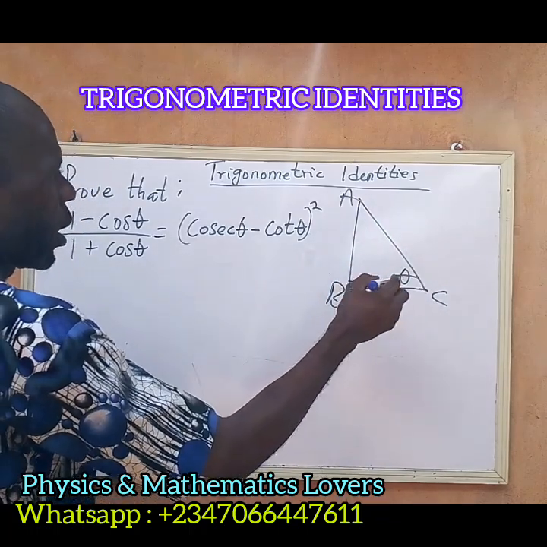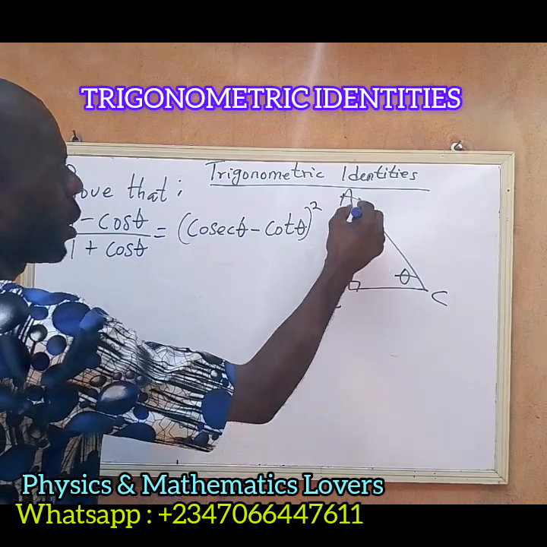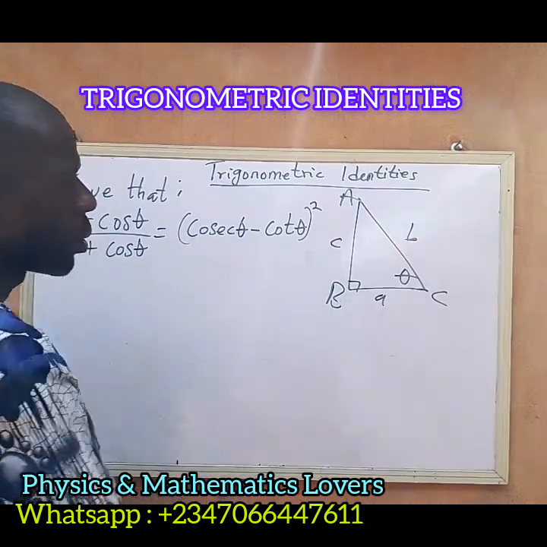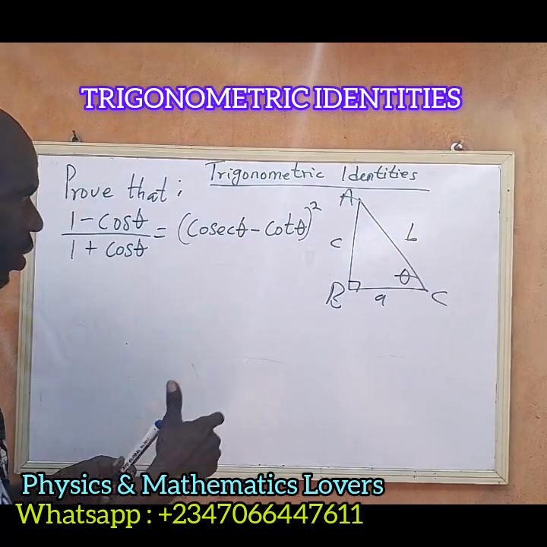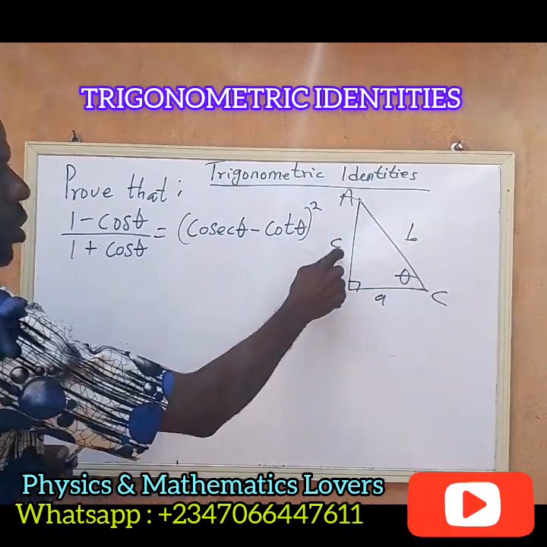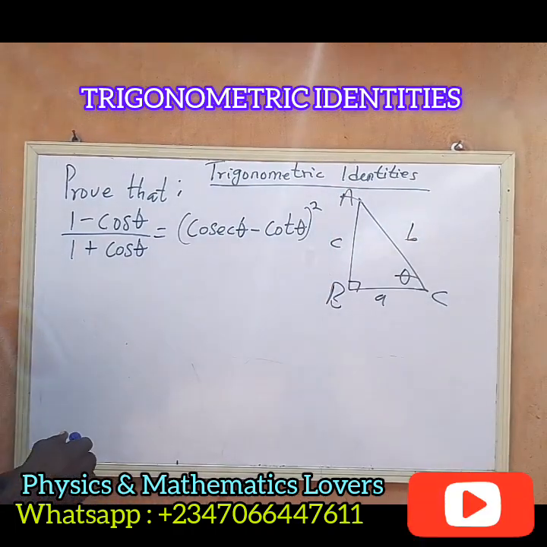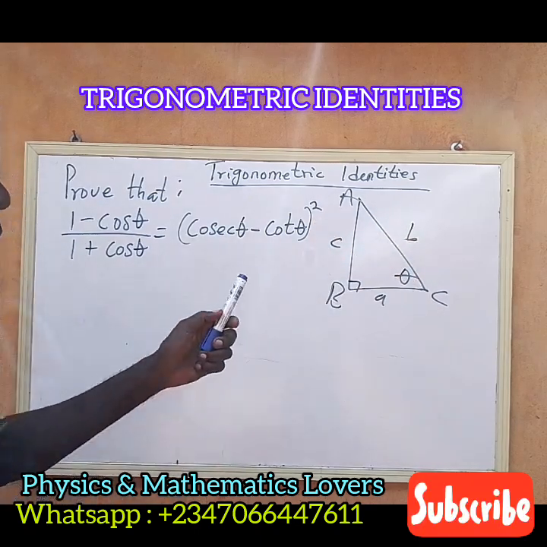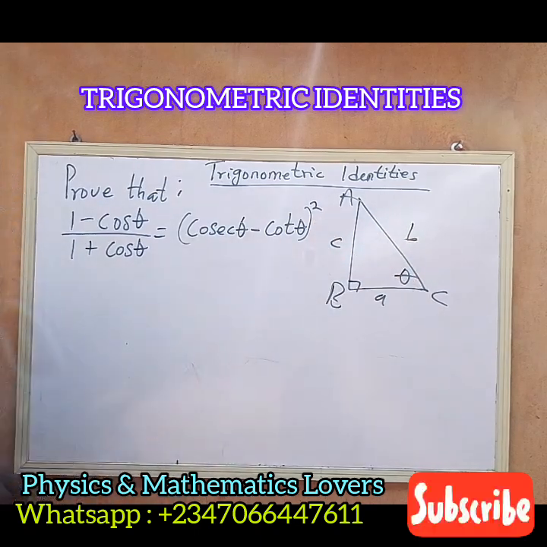I call here small c, here small a, here small b. So if I say sine theta, it's going to give me opposite over hypotenuse, which is c over B. I am not going into this, so watch for my next video, where I am going to be giving you an introduction to basic trigonometry.